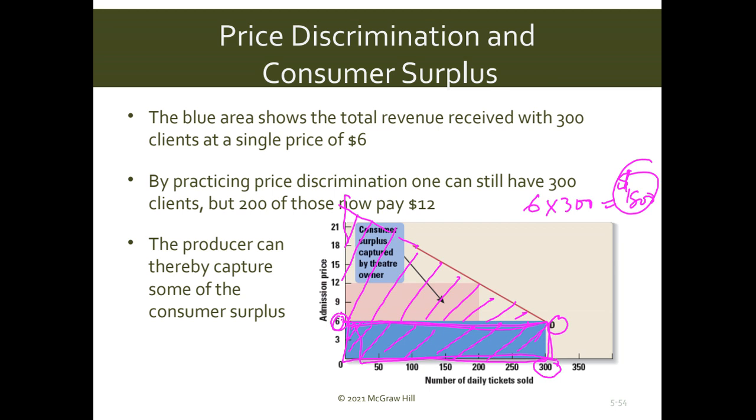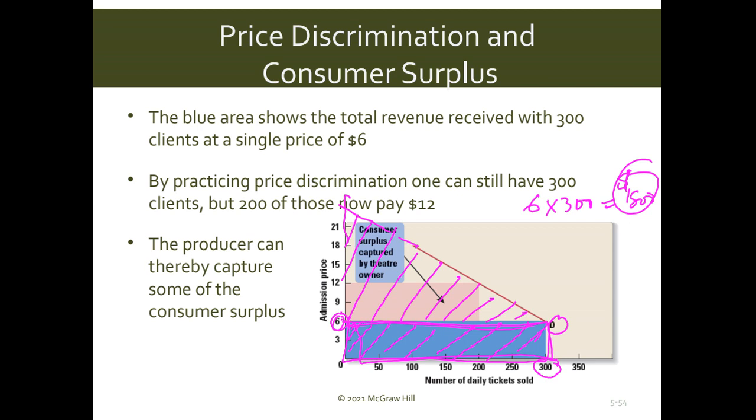So suppose out of these 300 buyers who are buying these 300 tickets, this seller knows that 200 of them are willing to pay higher prices. Instead of 6, they are willing to pay $12. Or let me put it this way: suppose out of these 300 buyers, 100 of them are students, and the other 200 buyers are working and they're earning.